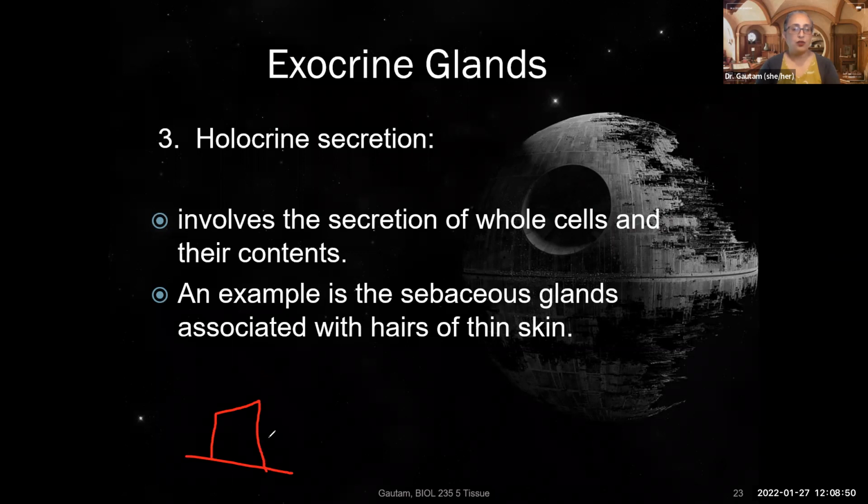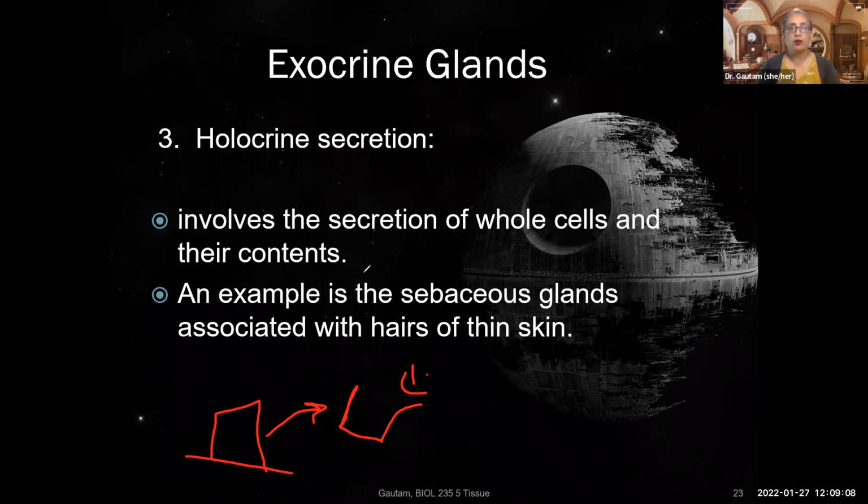Here's our cell. The whole cell gets released. Once it's released, it dies. All the vesicles open up, and the contents are released.